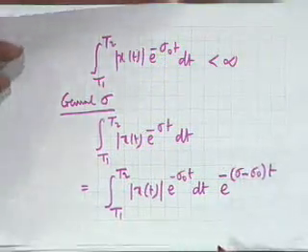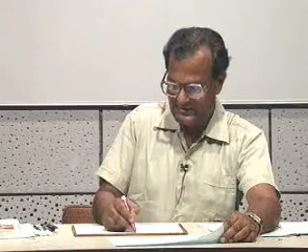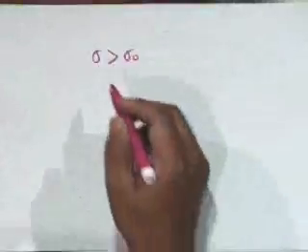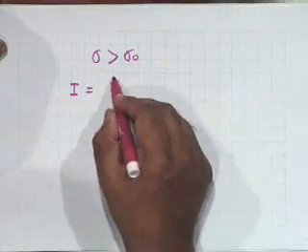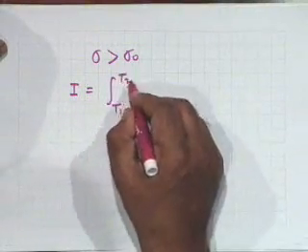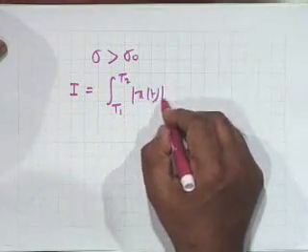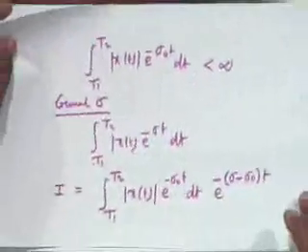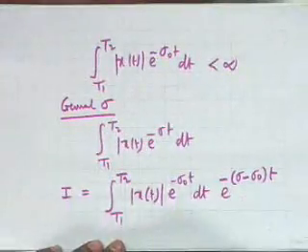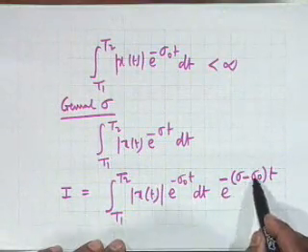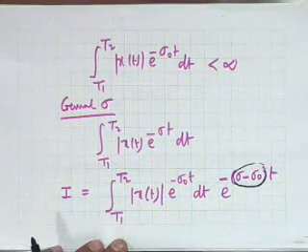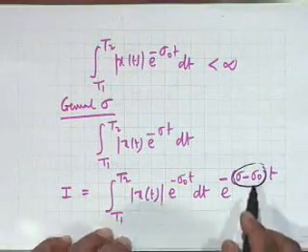Now if sigma is greater than sigma 0 and we call this integral capital I, let us go back to this integral. I have considered sigma to be greater than sigma 0, all right. So this quantity is positive.